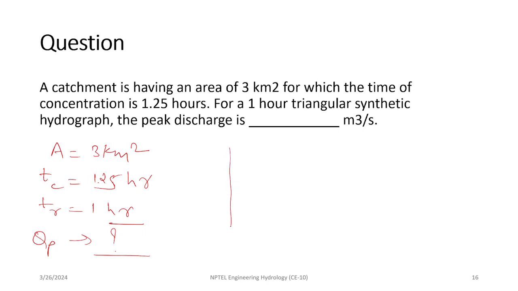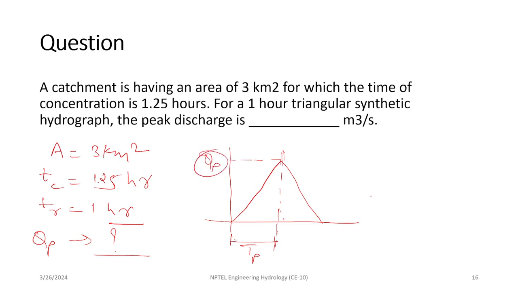If we are saying that there is a triangular kind of distribution, right? And we have just calculated the capital TP value, right? Then we want to look at this part, QP. We want to calculate this, right?